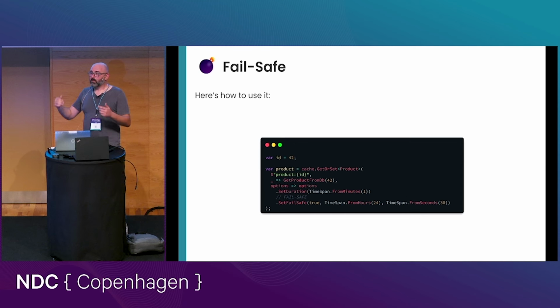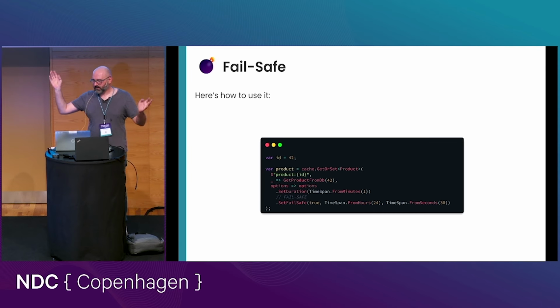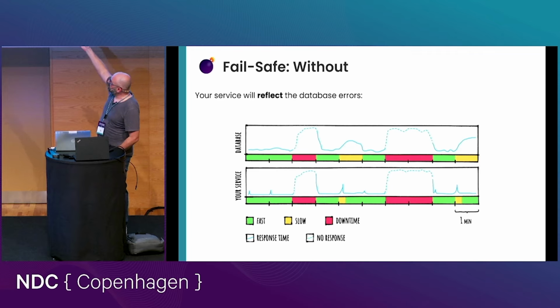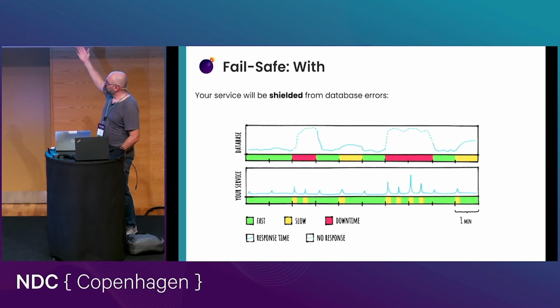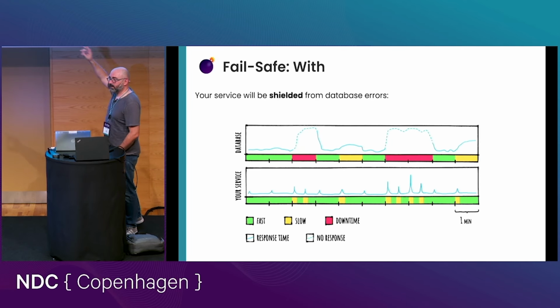Maybe after a day or an hour, depending on the use case, it's better to say, look, you know what? The data is too old. I just prefer to say to the user, we're having some issues. I'm sorry. Basically, without failsafe, your service reflects the problem in the database. And with failsafe, the reds are gone, meaning the downs of the database or the unavailability, unreachability disappears because we are protected. The cache will protect us from that.